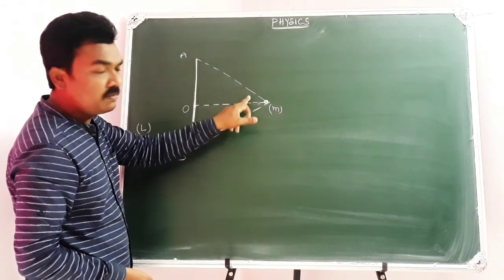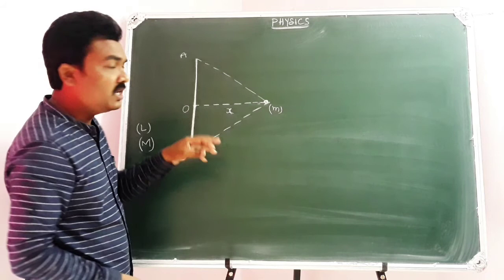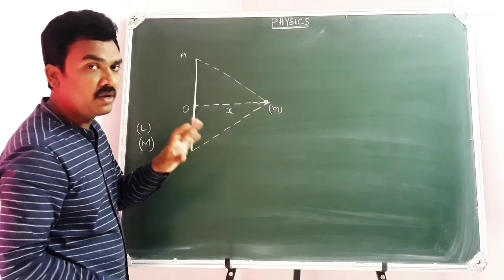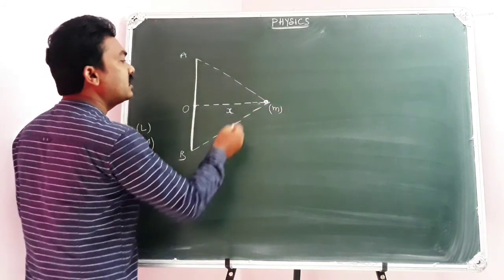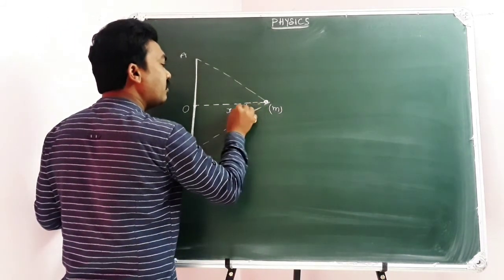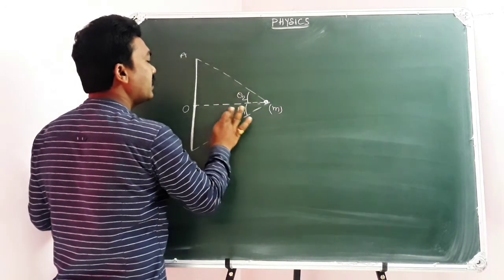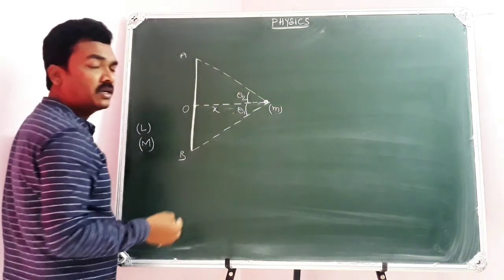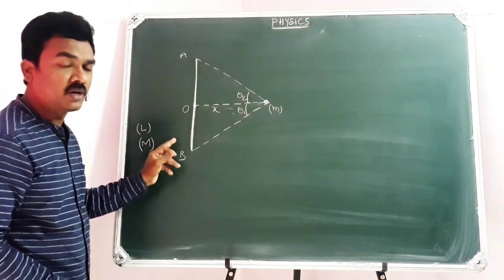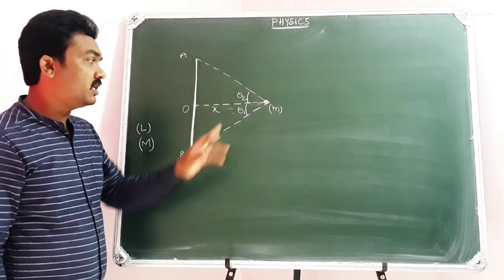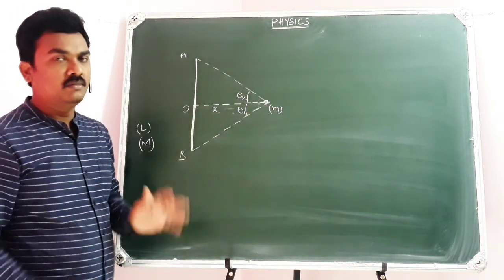So these two angles will be equal. Then I say the mass is located symmetrically about the length of the rod. But it is not compulsory. It can be like this, theta 1 here and theta 2 there. It is not compulsory that theta 1 should be equal to theta 2.